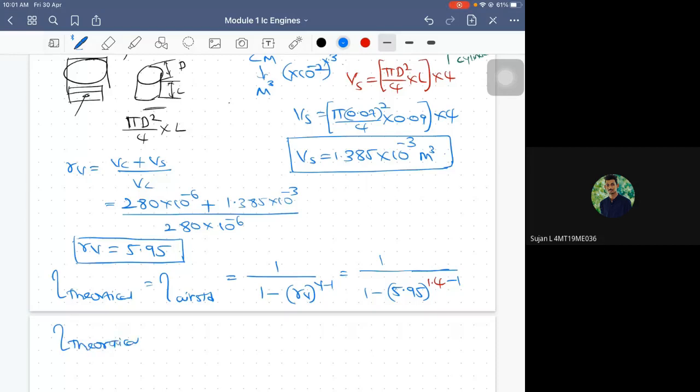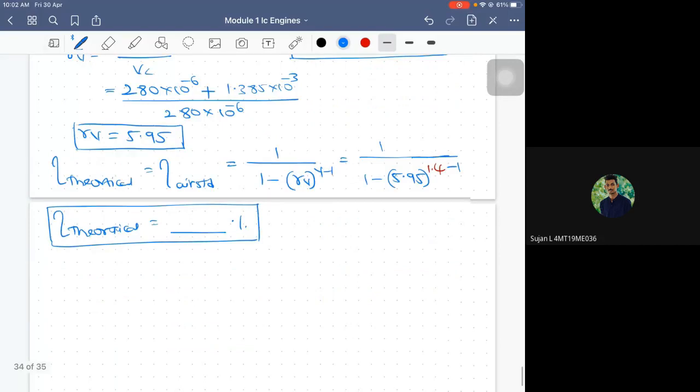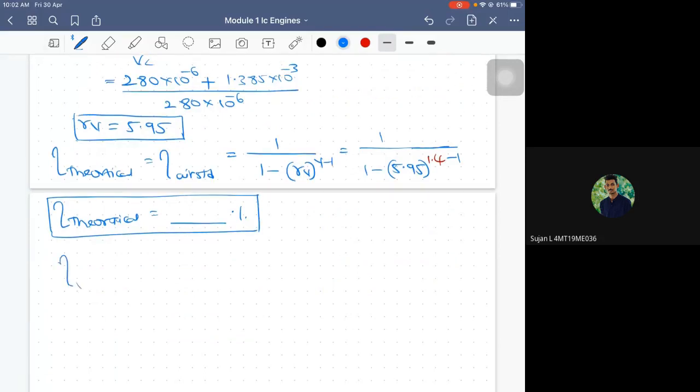So once you have got efficiency theoretical in terms of percentage, next you can go and calculate your relative efficiency. Relative efficiency is what? Efficiency brake thermal divided by efficiency theoretical. So brake thermal efficiency is already calculated, 23.5.